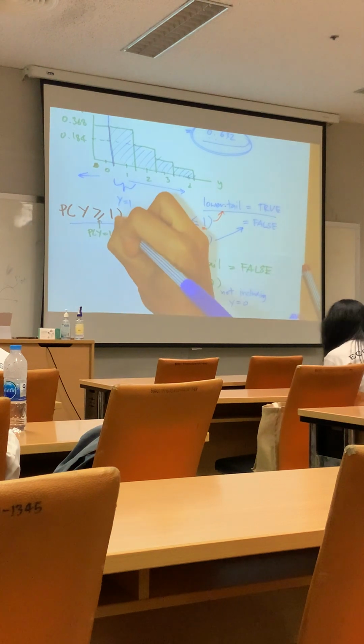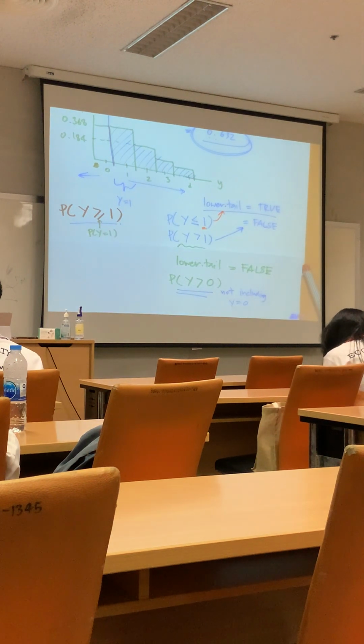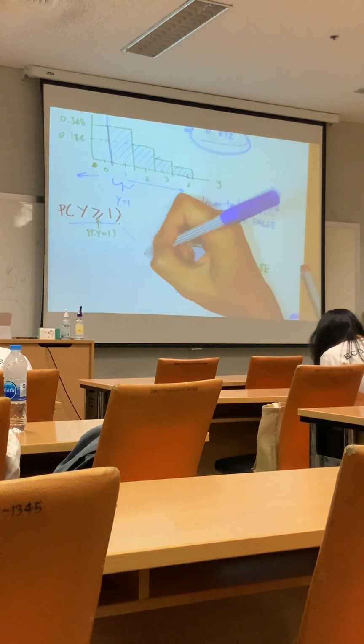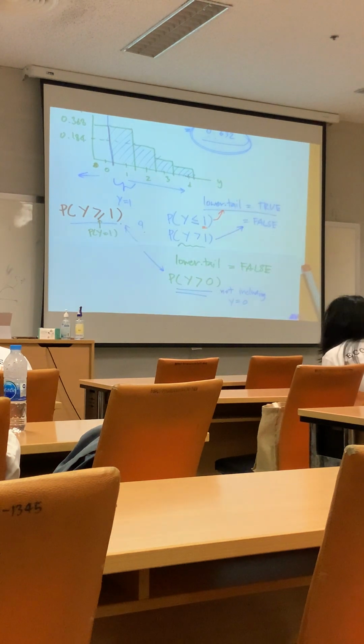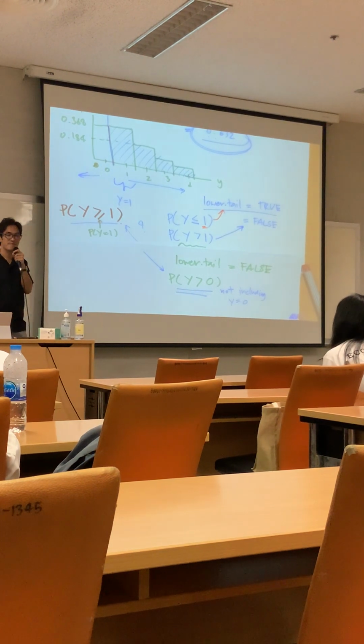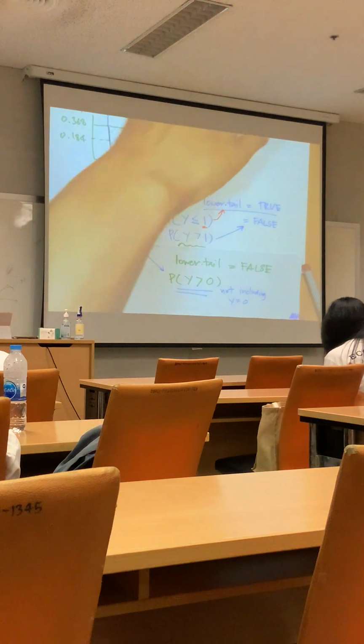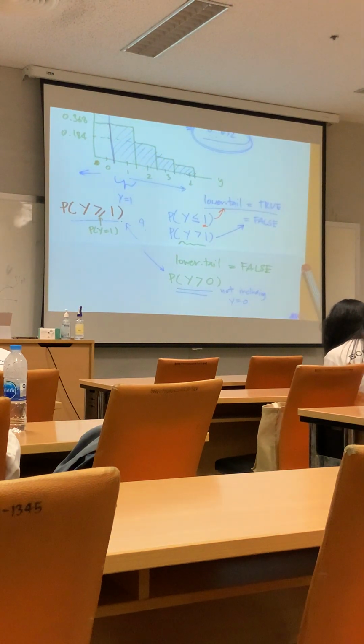And the probability of y greater or equal to 1. Are these two the same? Let's say that y can go up to 5.